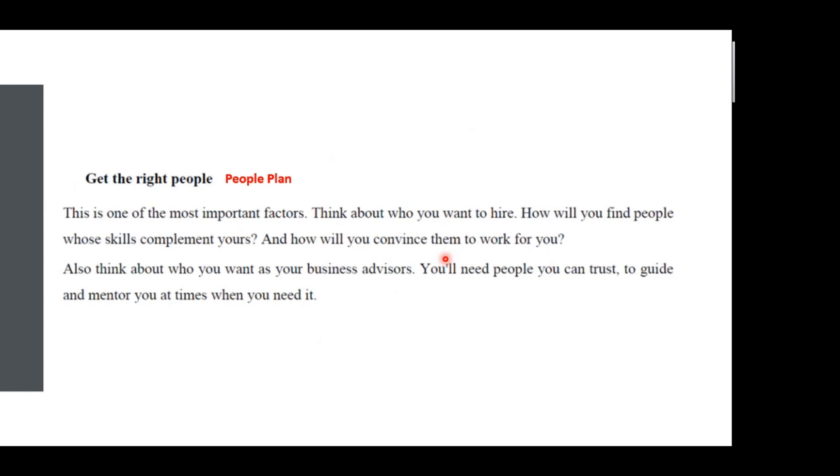And here you have to work out what type of people you need and how many people you need. And then you have to decide what type of skills you are looking at, what type of duties and responsibilities are entrusted to them, and how you can find them in the market. Simply what we call the people plan or the human resource plan.